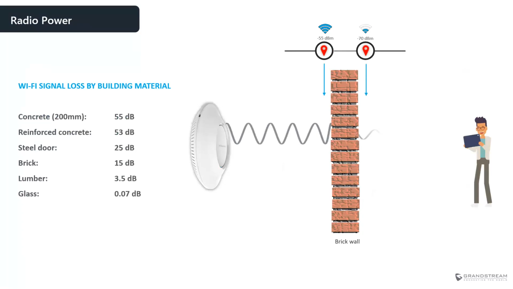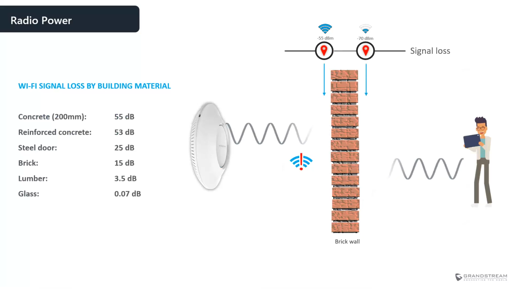In many cases where you have high signal attenuation, the wireless administrators resort to increasing the radio power of the access point. The problem with that is when you increase the radio power of the access point, the signal from the access point is able to reach the client, and the clients can detect the signal with a good RSSI value.